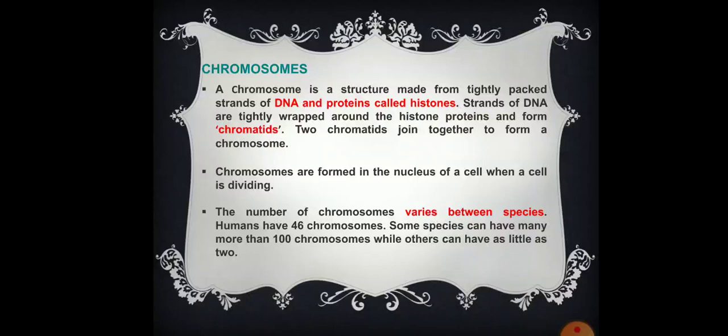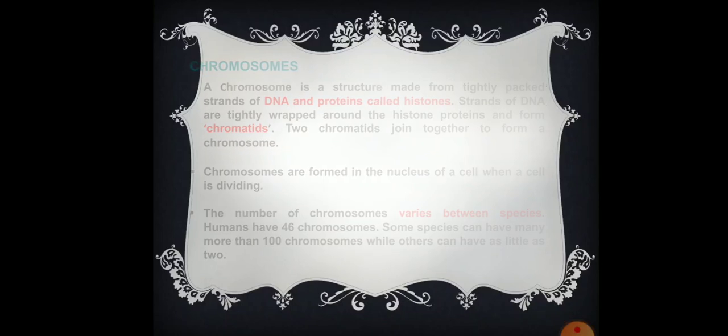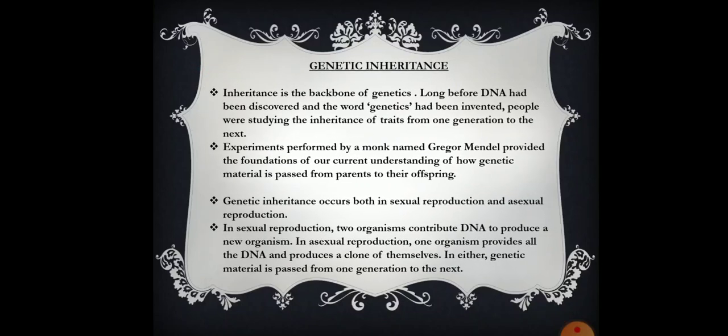So these chromosomes are the ones which contain DNA wrapped around in a compact form, and it is in this DNA that you have genes. Genes are nothing but triplet codons, and these codons have information for the expression of a protein, and that protein gives rise to a certain character.